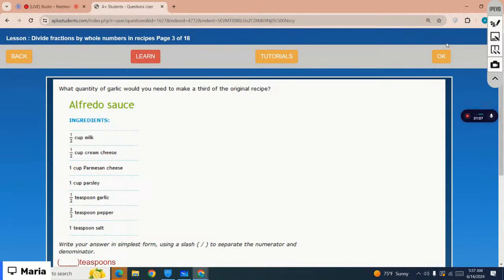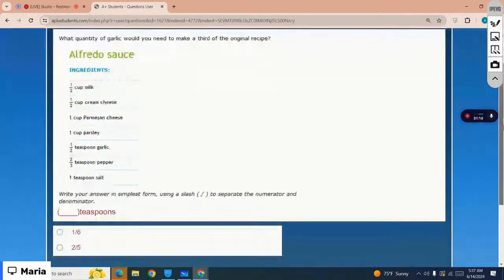What quantity of garlic would you use to make the third of the original recipe? So here in this recipe, the garlic is used 1 by 2 teaspoon.